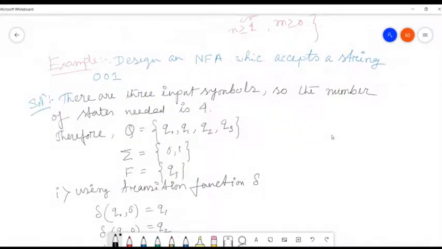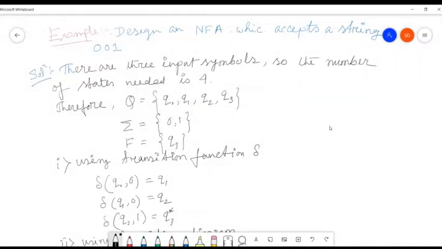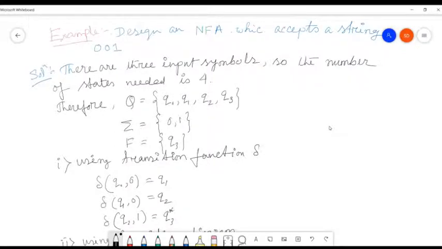So let's start with a very simple NFA design, where we have to design an NFA which accepts the string 001. It's a very simple design. First of all, we have to think about how many states will be needed. Always remember that the number of states will be at least the number of symbols plus 1.